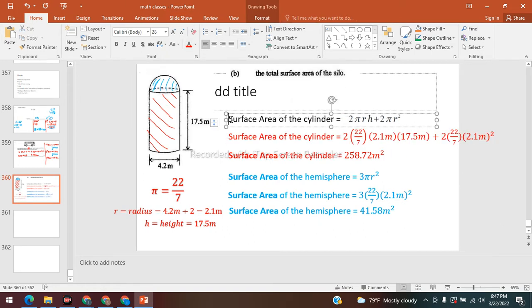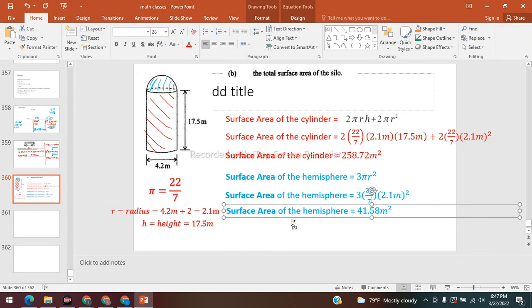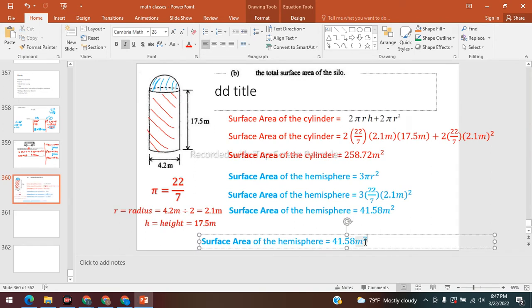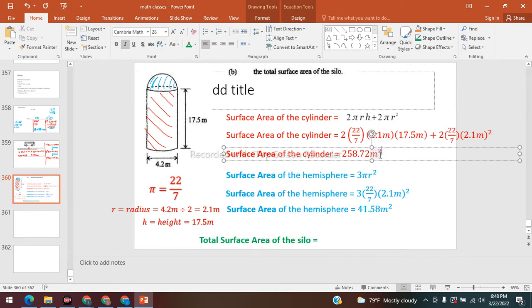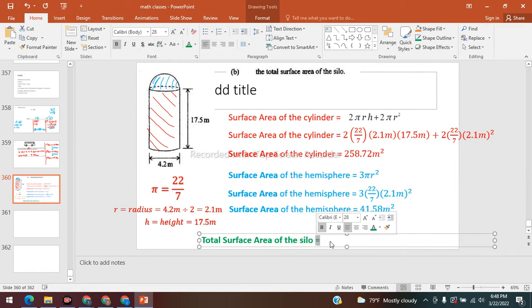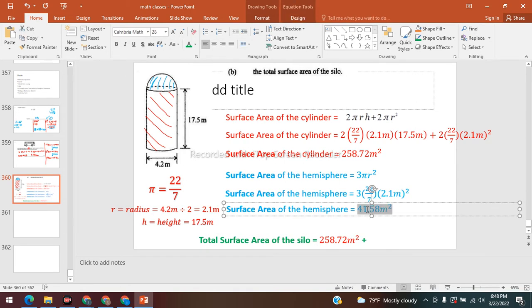So the total surface area of the silo is going to be equal to 258.72 meters squared plus 41.58 meters squared.